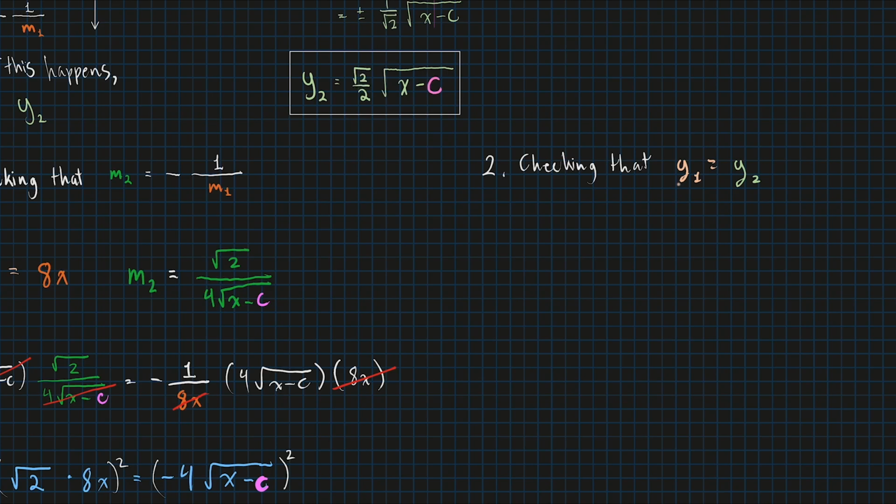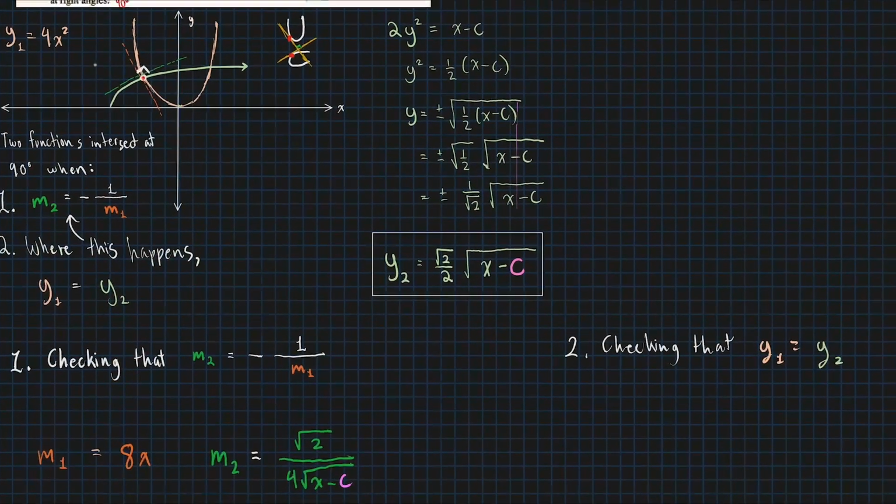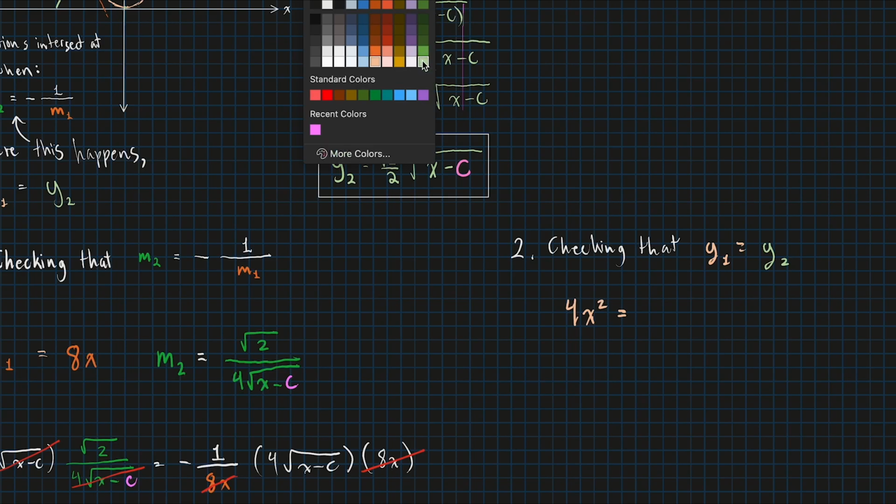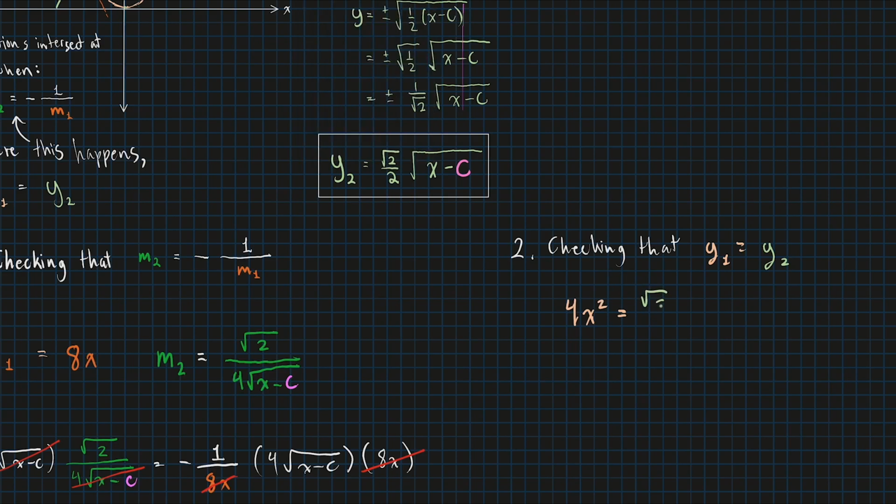So first step is to plug in y1, and y1 is 4x squared. So 4x squared is equal to y2. y2 is this thing. So on our right side, we have square root of 2 over 2 times the square root of x minus c.